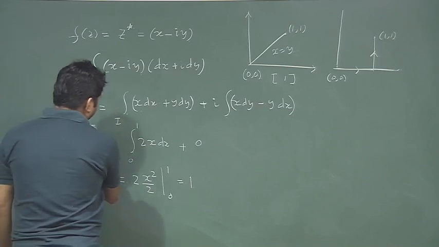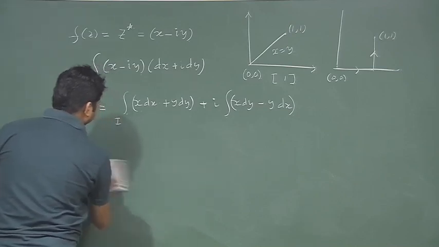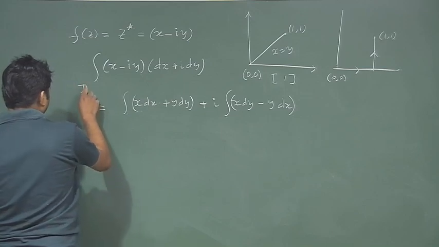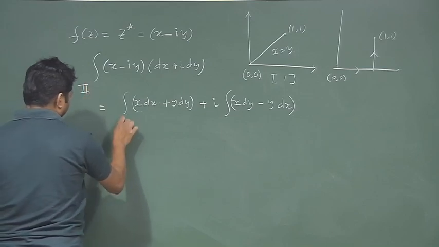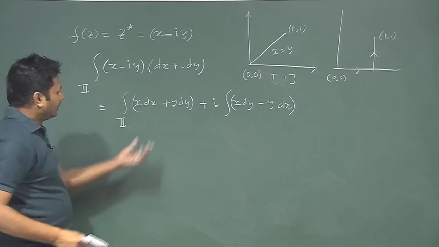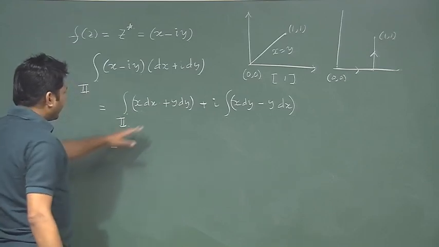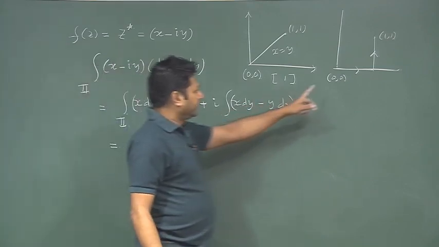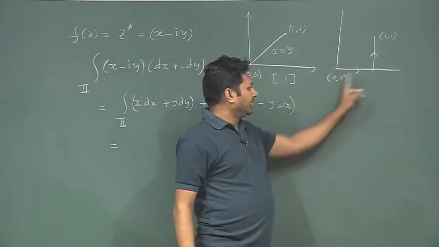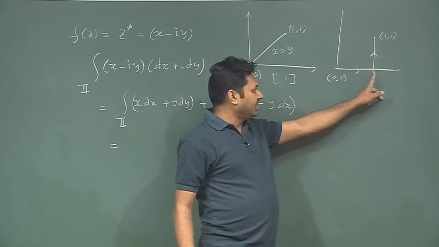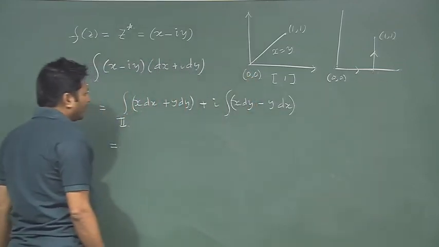What about the other path? For path 2, what are we getting? In the first part, from here to here, I do not have any change in y, only a change in x, and y is 0.